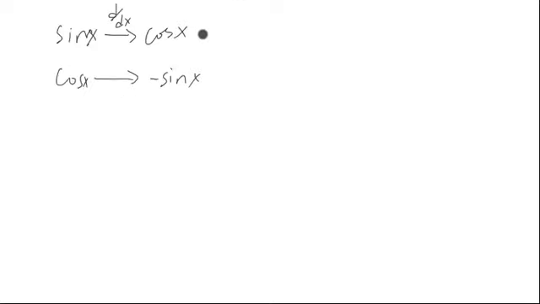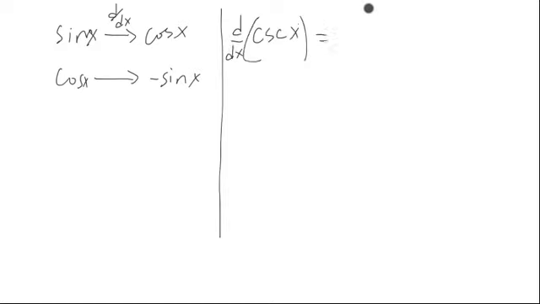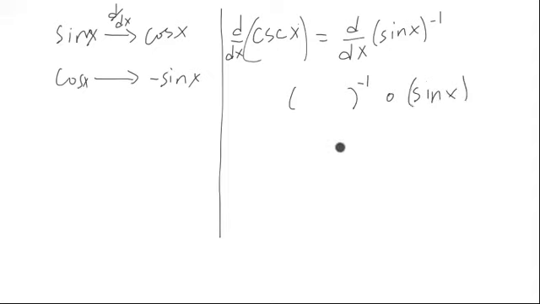First, maybe let's do cosecant, because that's 1 over sine. So we have cosecant x, and we're going to take the derivative of this. Just think of it as 1 over sine, or sine to the negative 1. To take the derivative, we have a composition, where you're plugging this into that.